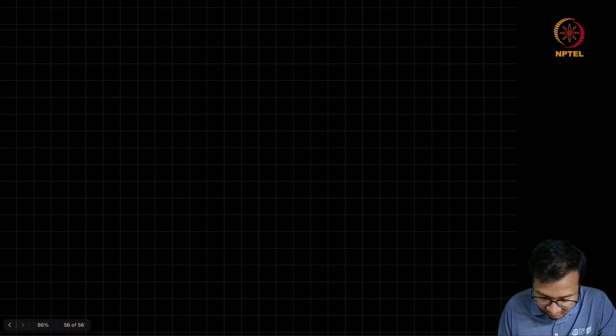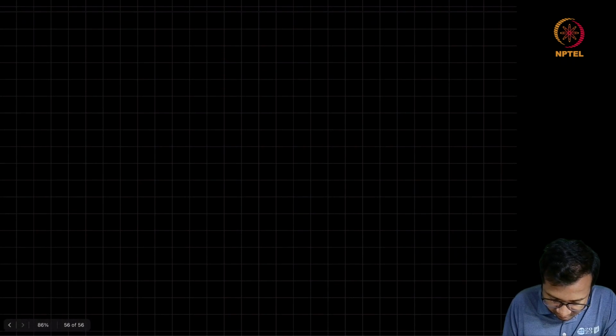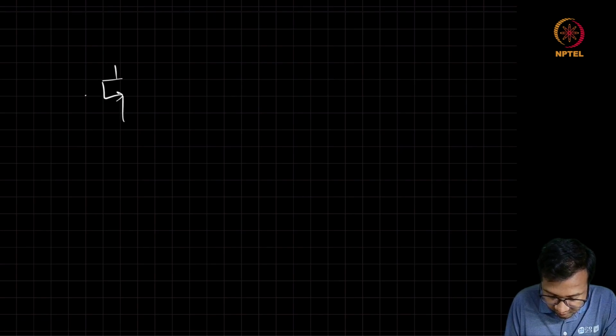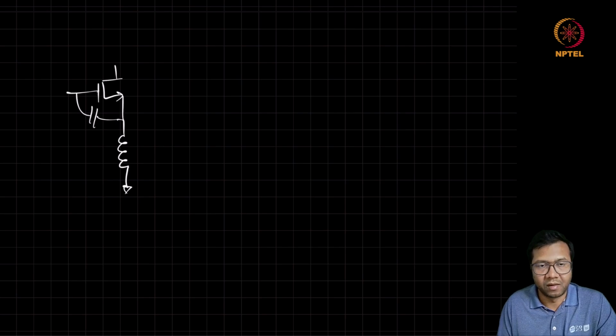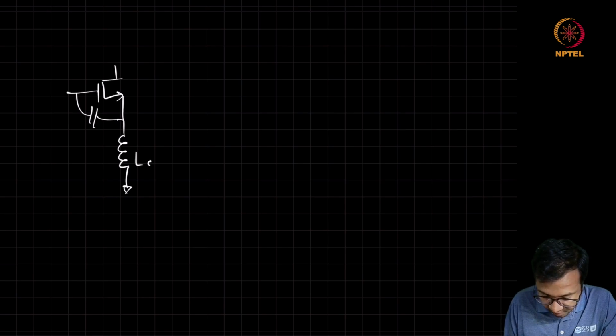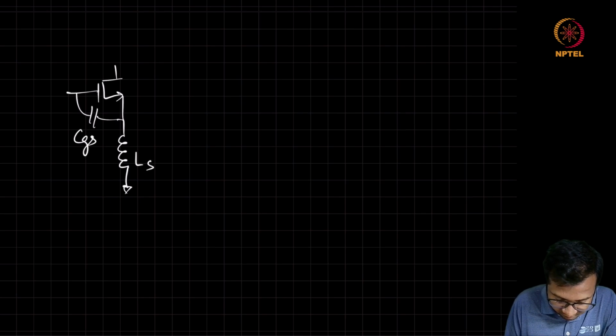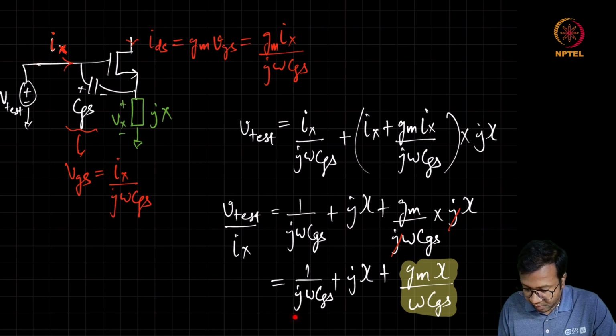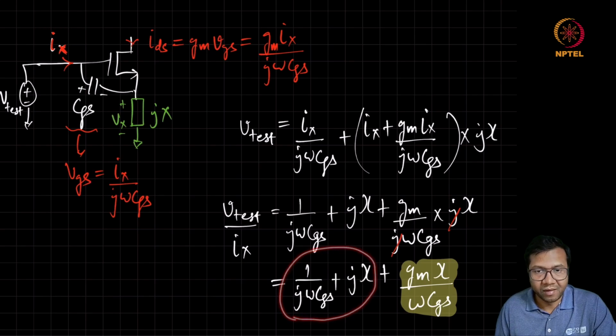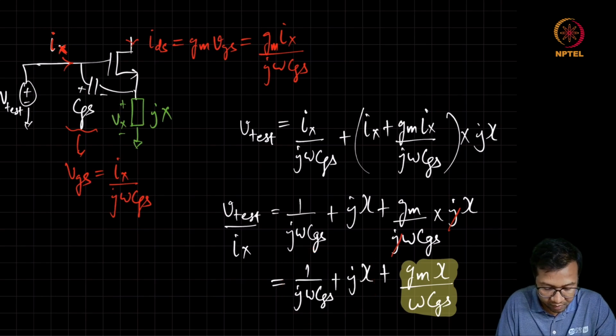Okay, so this is how we can come up with this circuit where an inductor is connected at the source side. Let's call it Ls, along with CGS. And to be able to see a purely real input impedance, we can compensate this reactance by adding another reactive component.